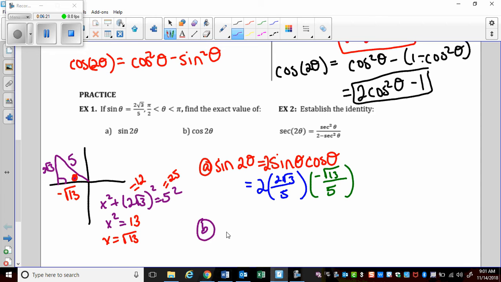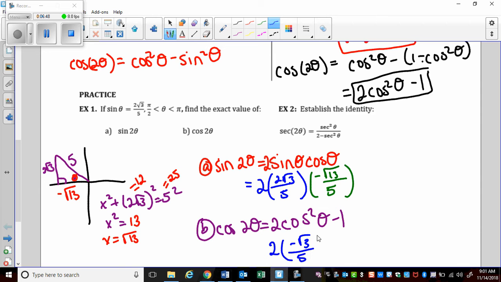B is cosine of 2 theta, which is a little bit different. It's up to you. I'll just use the 2 cosine squared theta minus 1. You can use one of the other ones if you would like. So I am going to write down the 2 times cosine squared. I know that cosine is negative square root of 13 over 5.